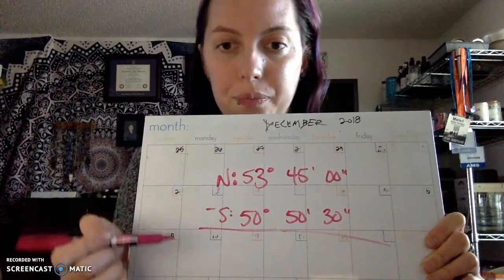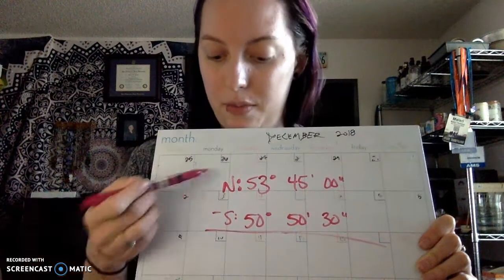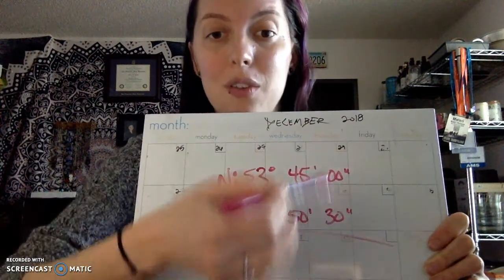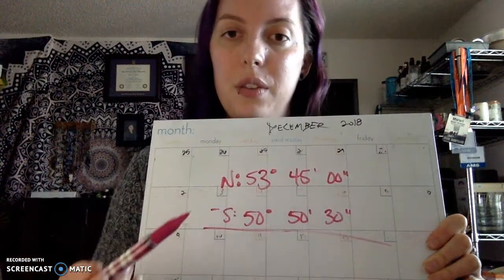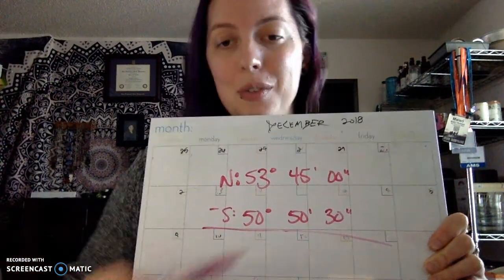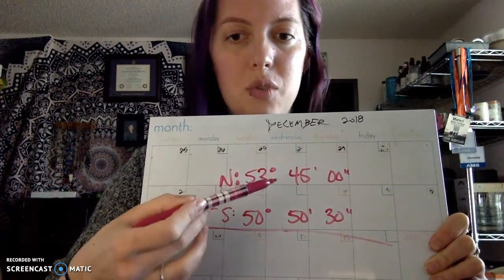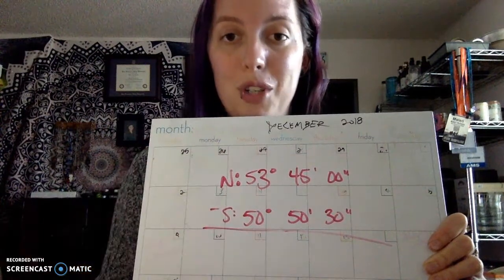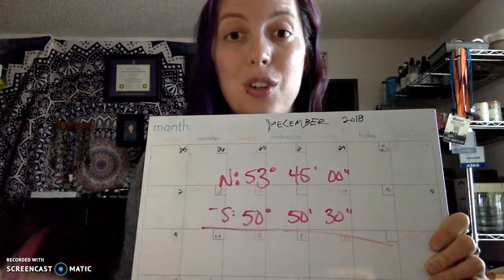Okay, so we have to start all the way over here, right? Because we can't start from the other side, that's cheating. So we can't subtract 30 from 0 without things being negative. Remember, we're always positive. So we need to go to the next line. Can we subtract 45 from 50? Unfortunately not. So we have to borrow from our degrees.